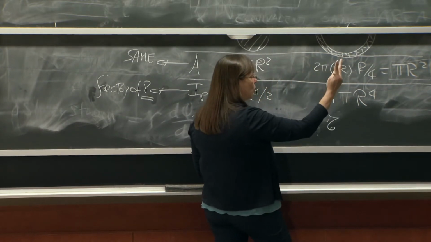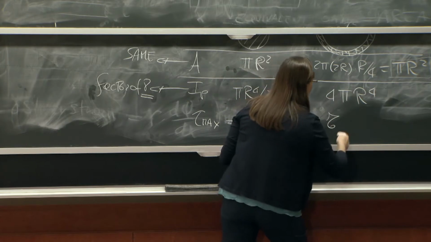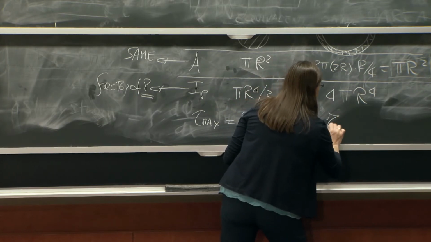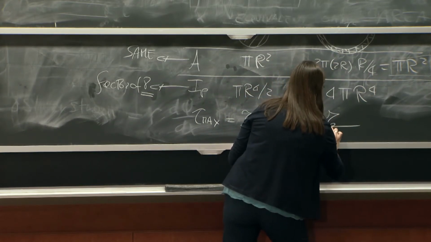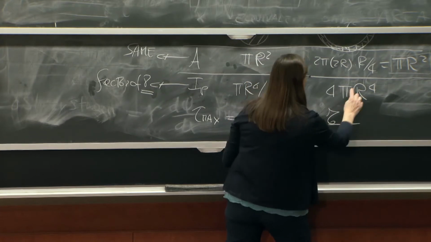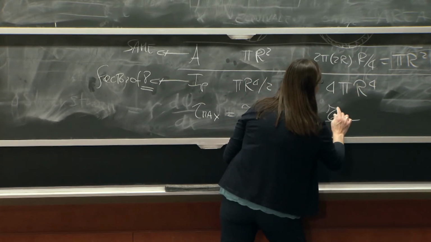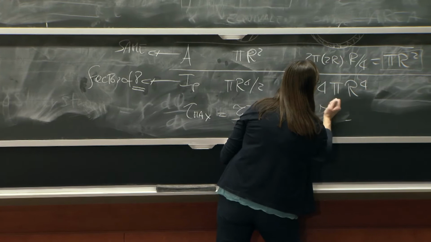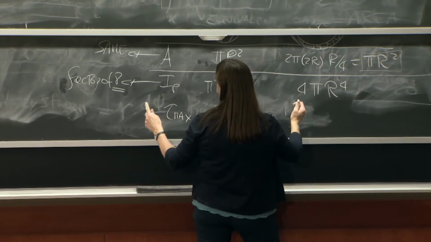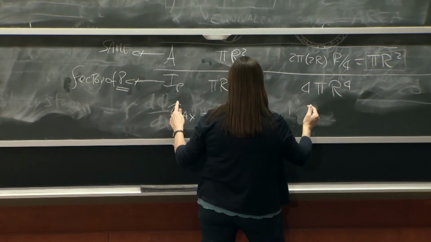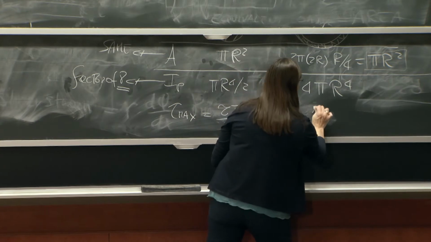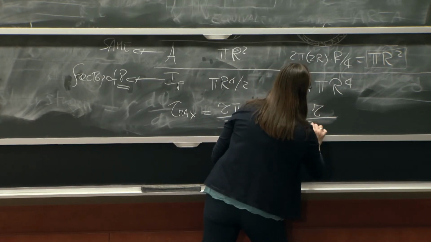Now the radius is 2r, so I lose one of the two. So it's going to be torque divided by, times 2. What am I saying? 8. So I get torque divided by 8.